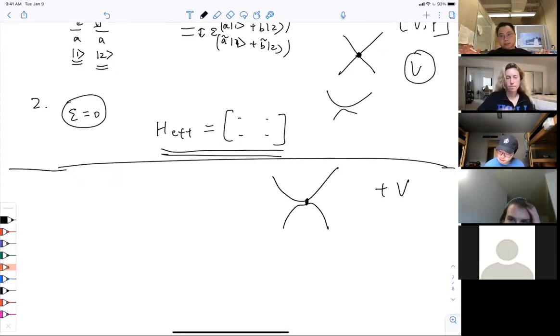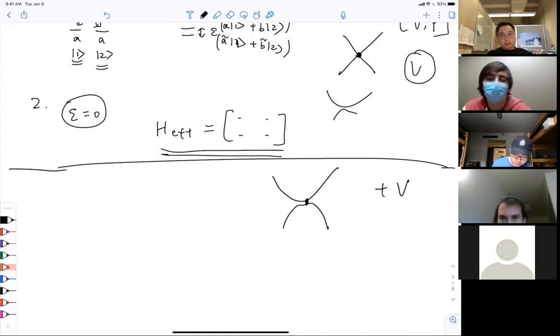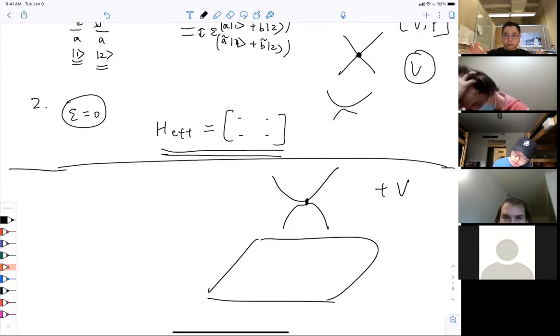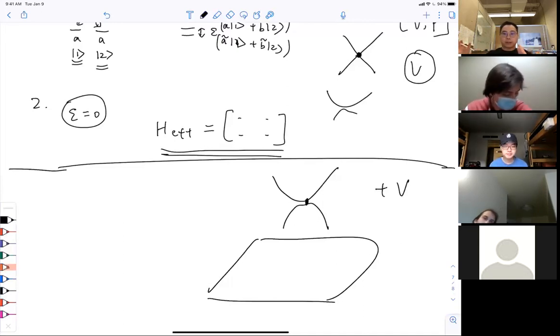This is called symmetry protected phases. When you look at some material, there are phases associated with some symmetries, and we say it's robust. It's a topological phase, and that's because it's protected by some symmetry constraints.